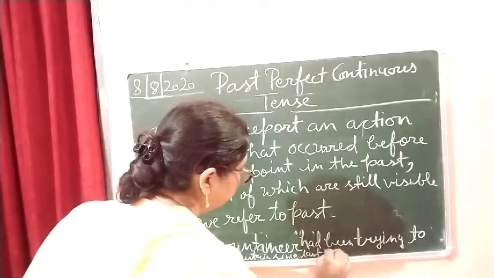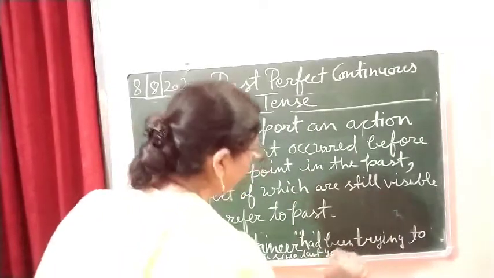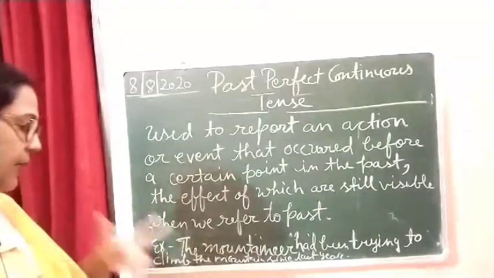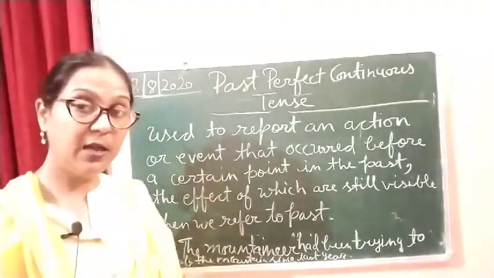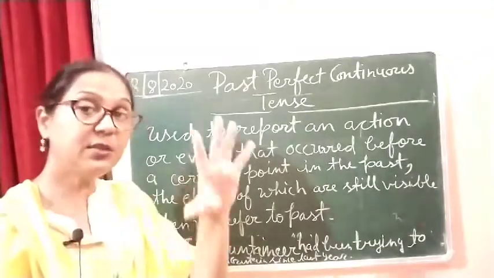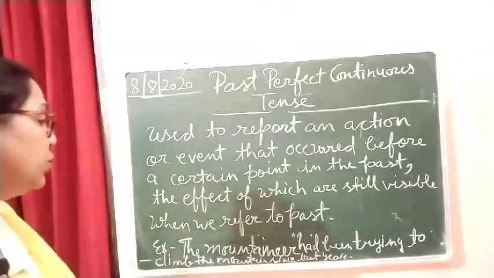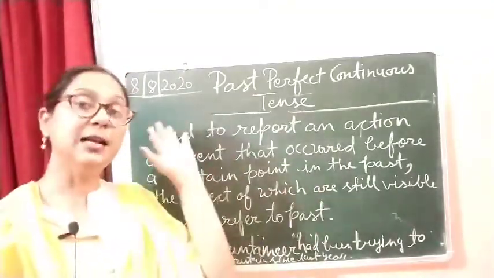Here you can see in this example, the mountaineer had been trying. He was trying. He had been trying. He was trying to climb the mountain since last year.